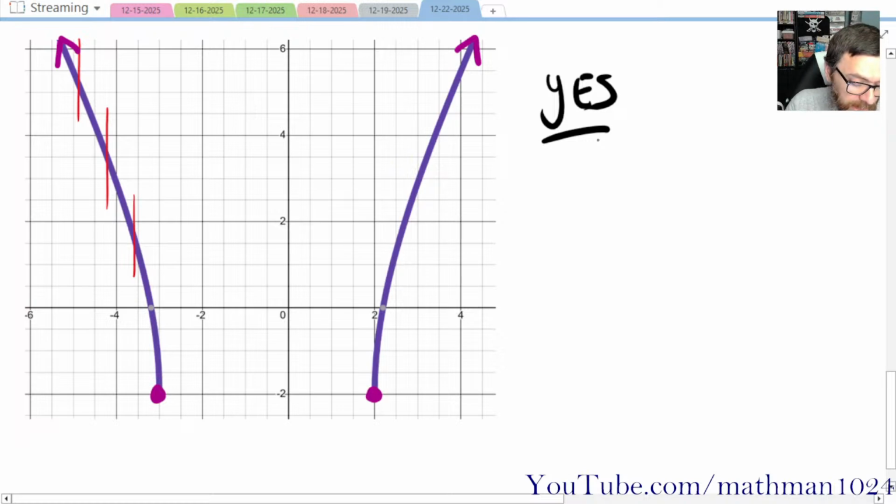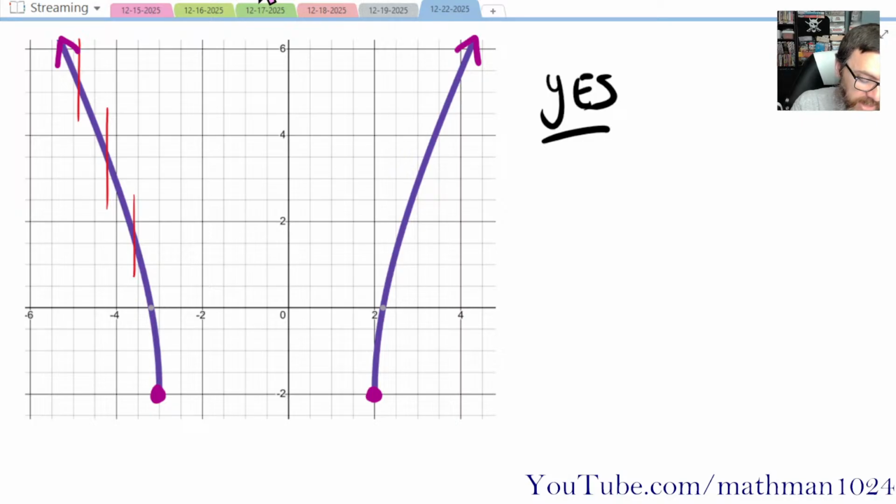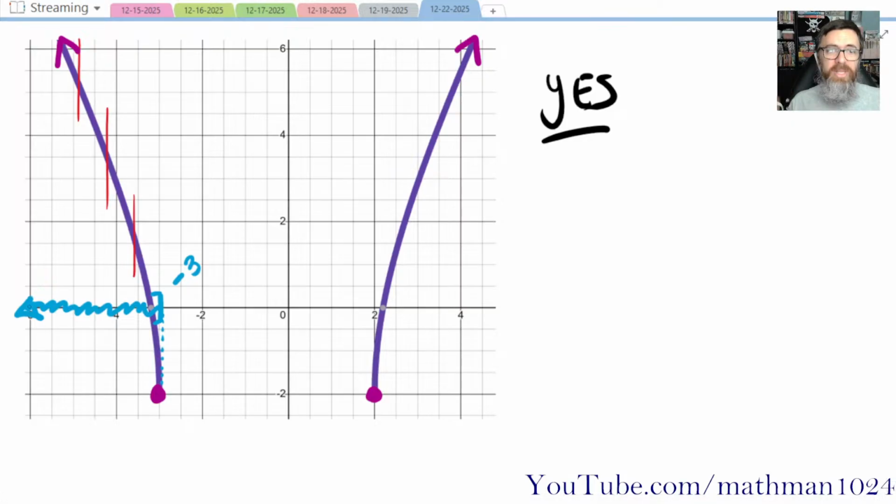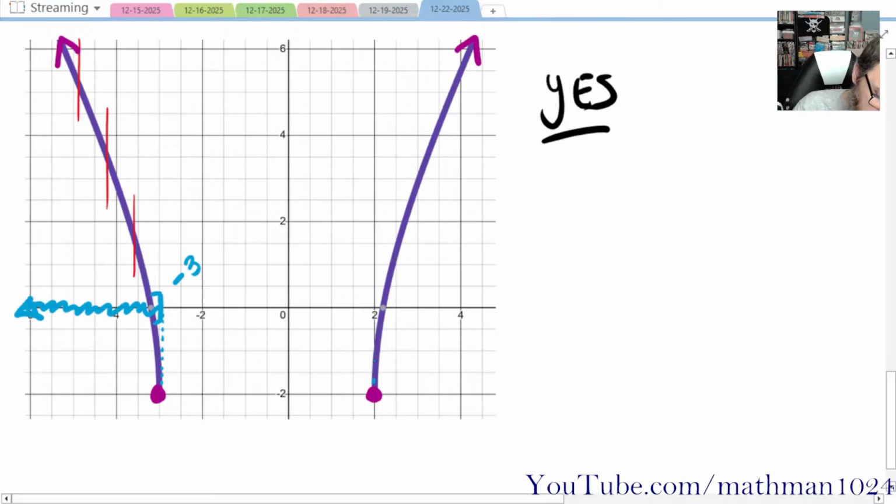Well, how do we talk about the domain? Well, if I were to look at this on my x-axis, you've got this point here on the left that starts right here at -3, and then it's everything going here to the left. So we need that particular section of the x values. And then there's this jump, there's this gap where we come back over here at this x value of 2, and then you need everything that's to the right of 2 to be used to make up that picture.